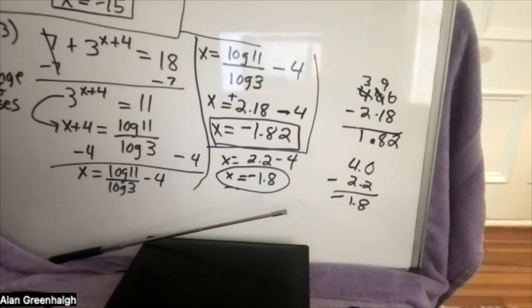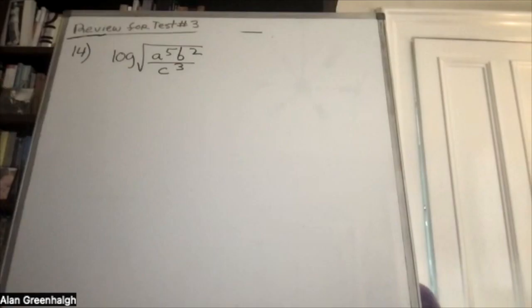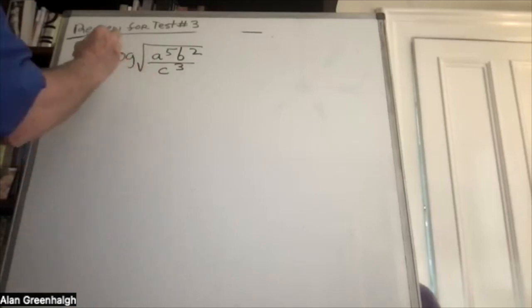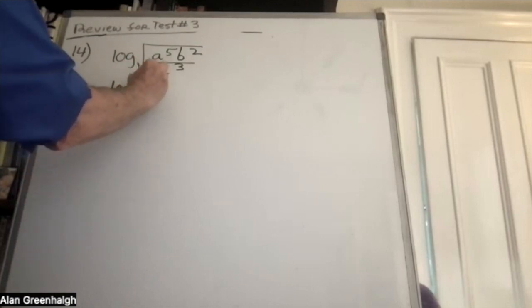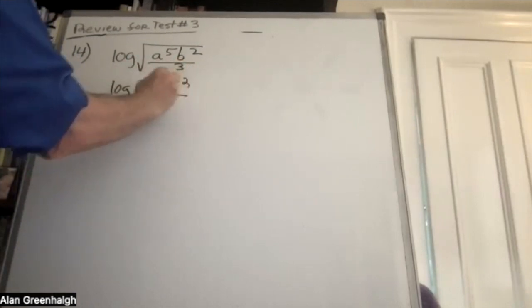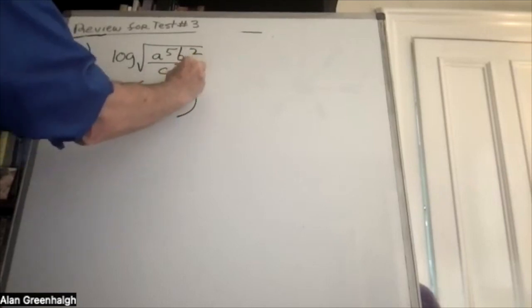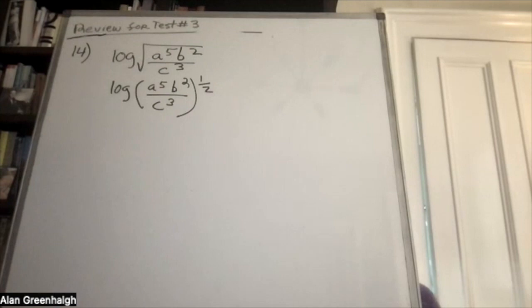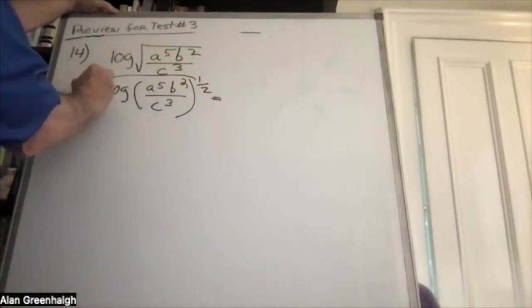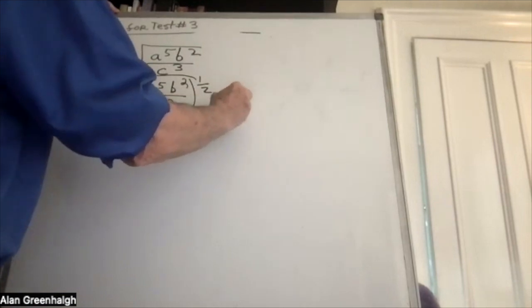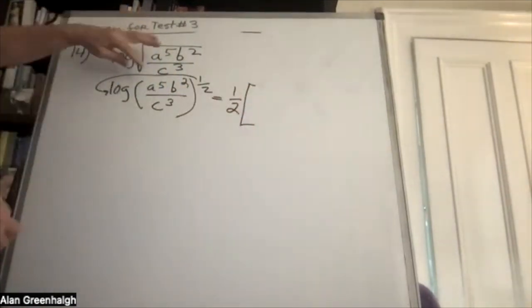Expand using the properties of logs. The first step in doing this problem is to convert the square root to a fractional exponent. The next thing we do is put this in front of that 1/2. Now let's do one at a time.